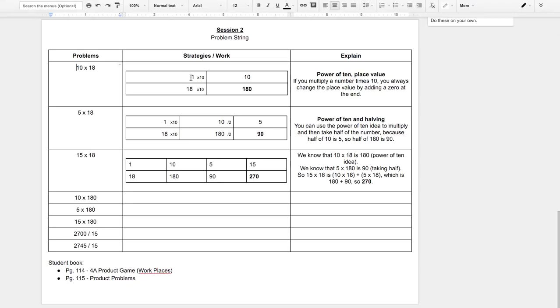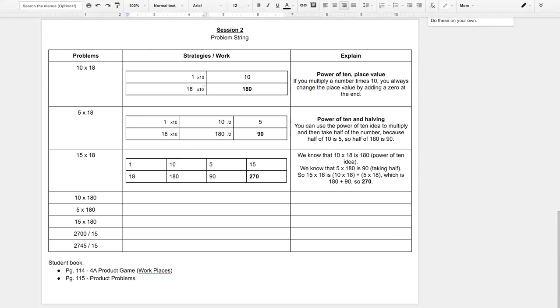I know that 1 times 10 is 10. So 18 times 10, which is the question, 10 times 18, 18 times 10, I know that I can use the power of 10 idea, or the power of 10 rule, or the power of 10 principle, and say that if I multiply any number times 10, I add a 0 at the end. And the idea about adding a 0 at the end is that you change the place value, right?